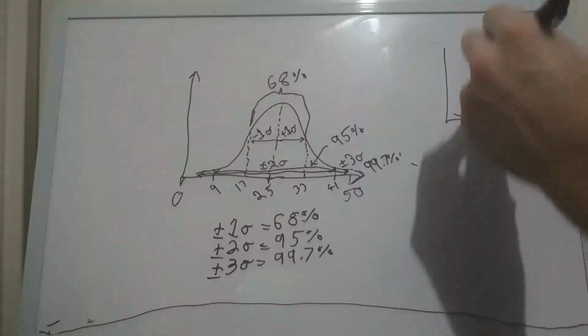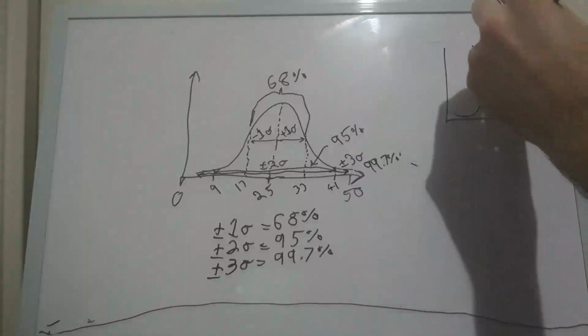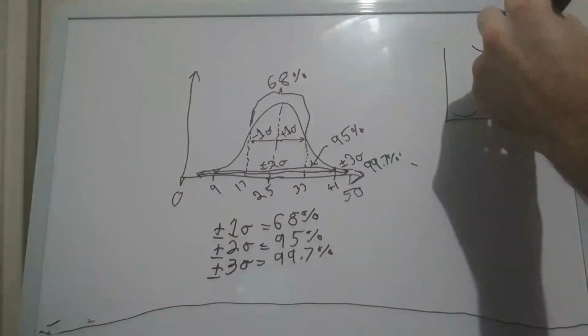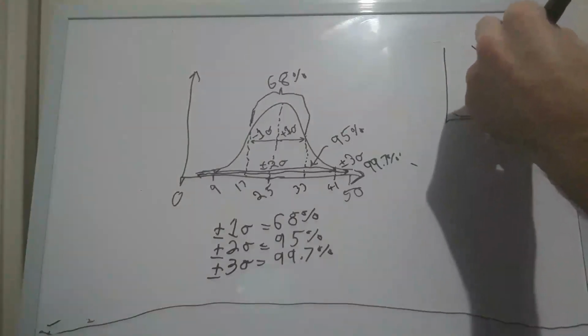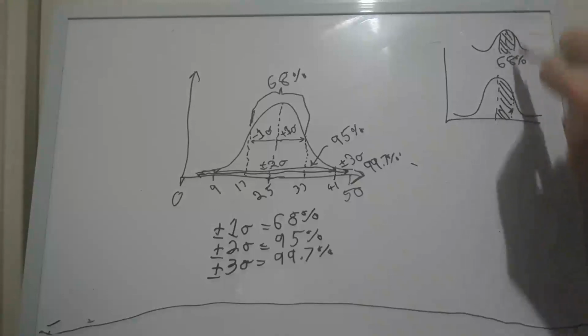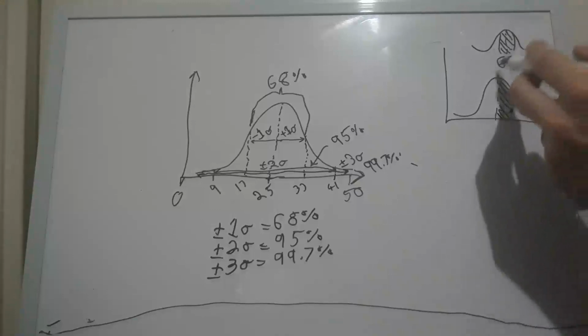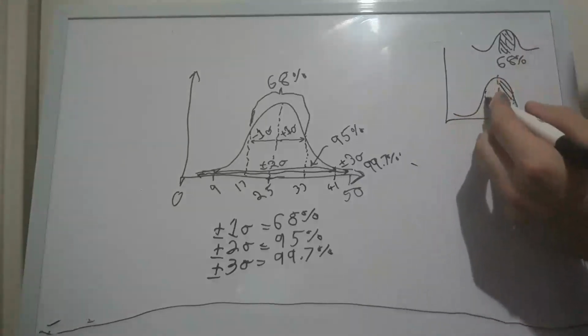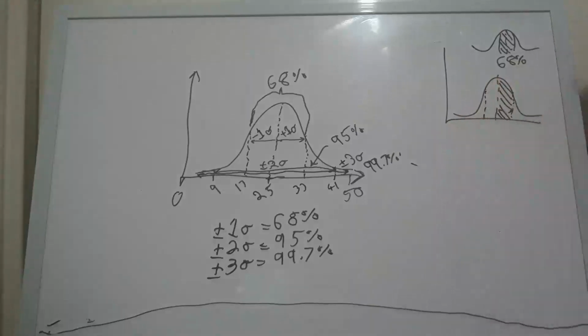Now we know that if they asked about plus or minus from the median, this would be 68%. But keep in mind, this is symmetrical. So if you cut that in half, you should have half of 68% on the left side and the other half on the right side.